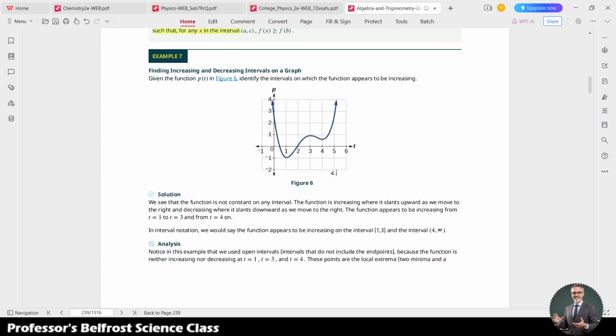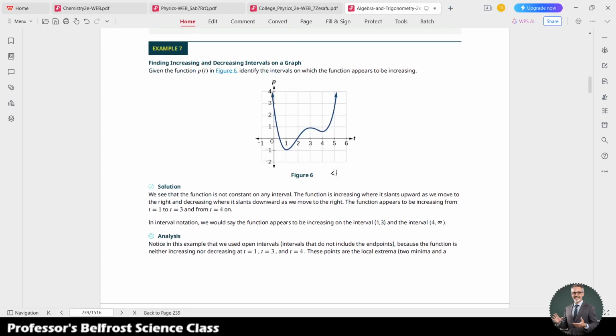So let's analyze an example. Given the function p(t) shown in the figure, identify the intervals on which the function appears to be increasing.